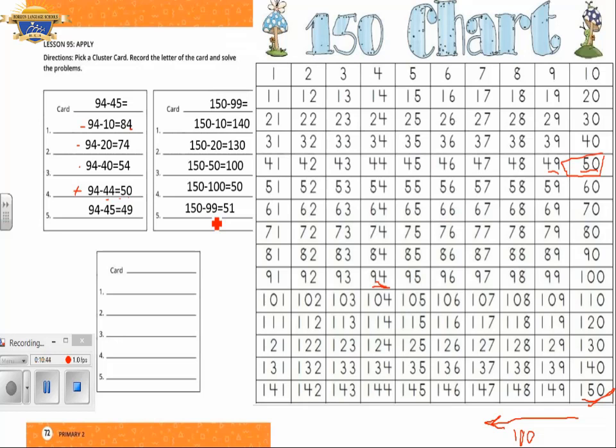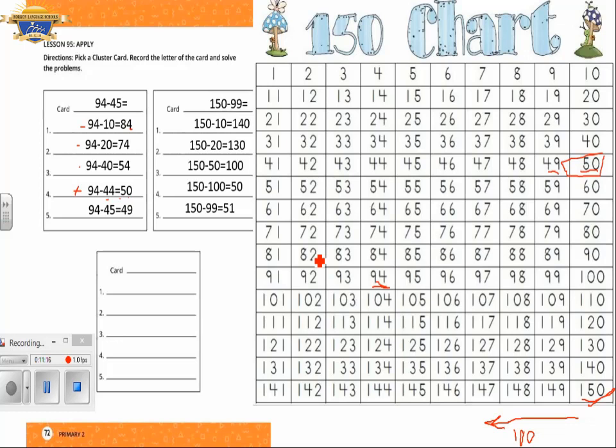99 is 1 less than 100, and we already said if the steps decrease the answer will increase. لو الsteps قلت الأنسر هيزيد. Right? We said it's an inverse relationship, علاقة عكسية. لو الsteps زادت الأنسر هيقل.